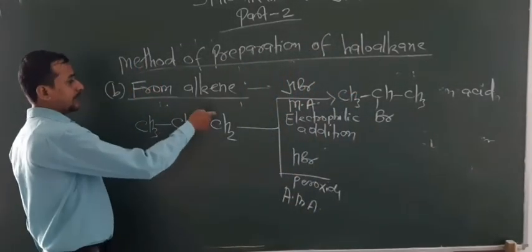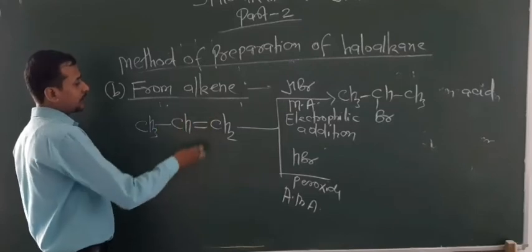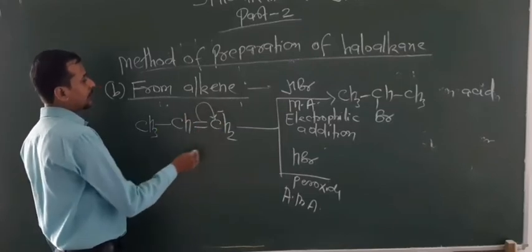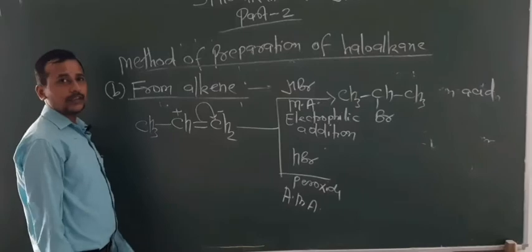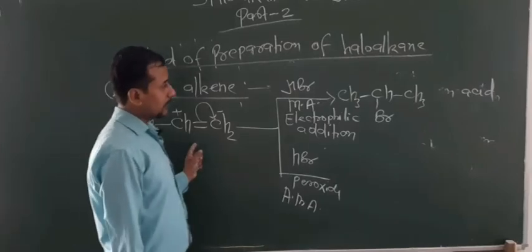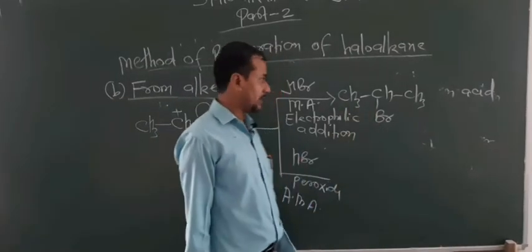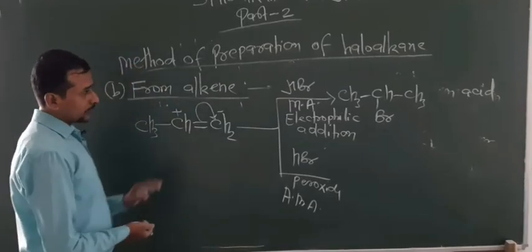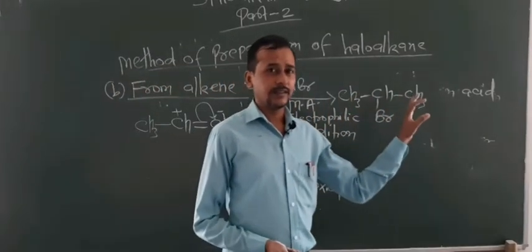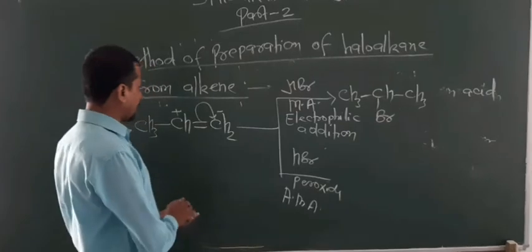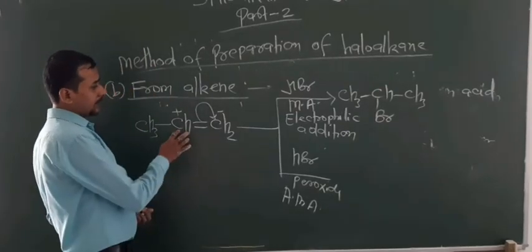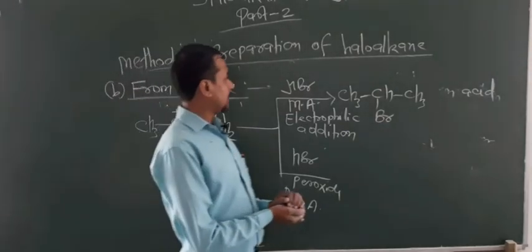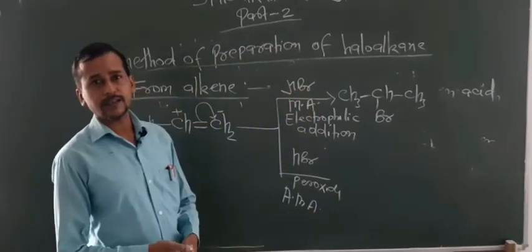If you shift the bond here, it will generate a 2 degree carbocation. Look at here, negative and positive charge, so this is a 2 degree carbocation. So Markovnikov rule follows the stability of the 2 degree carbocation, but it doesn't talk about the delocalization of electrons for the stability. They only say that the carbon atom having fewer H gets attacked by the negative part of the reagent.